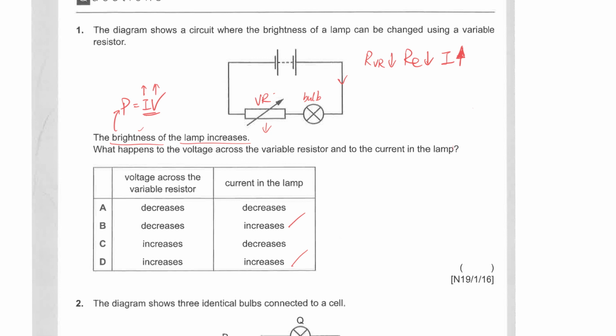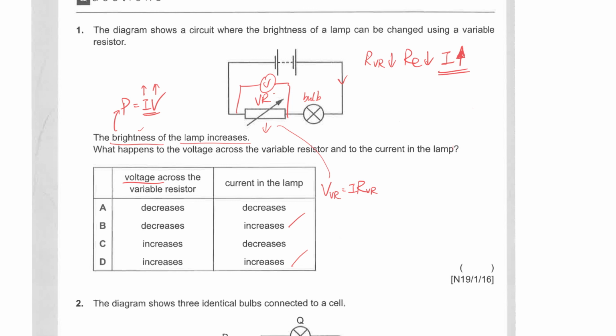So the next thing I need to know, which is a bit complicated, is the voltage across the variable resistor. In other words, I put a voltmeter across the variable resistor to measure. Now a bit tricky, because if you were to look solely at the potential difference across the variable resistor, you'd be using the formula V equals IR of the variable resistor.